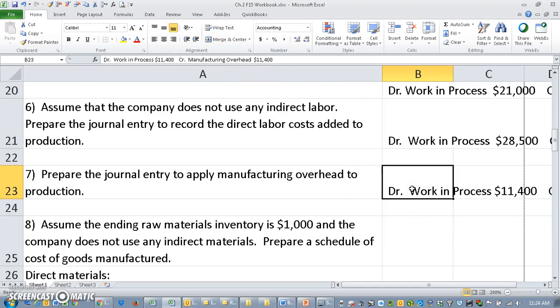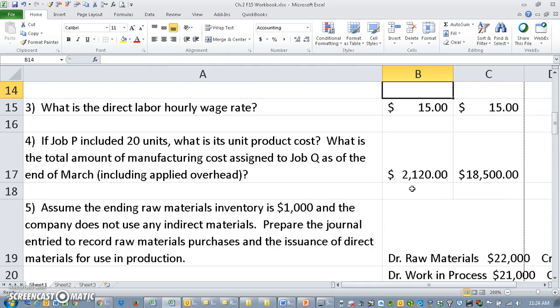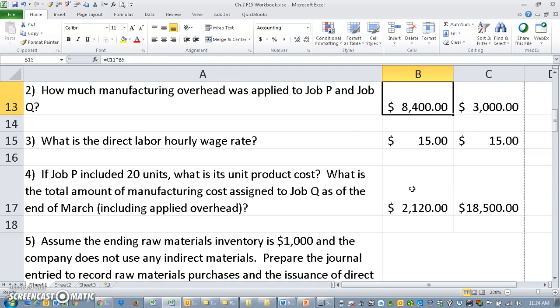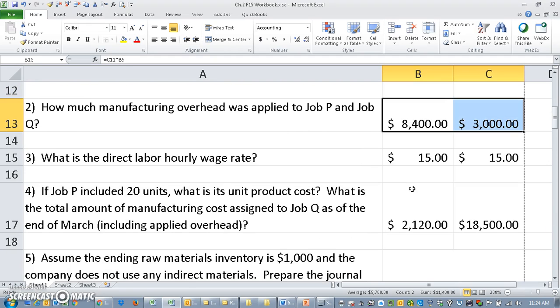Question 7. Prepare the journal entry to apply manufacturing overhead to production. Okay, so going back to question 2, where we calculated how much manufacturing overhead was applied to both jobs, we know that the total amount was $11,400, right?